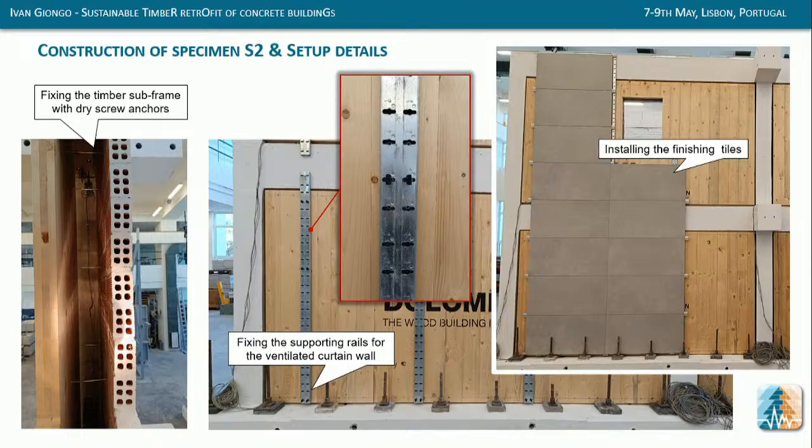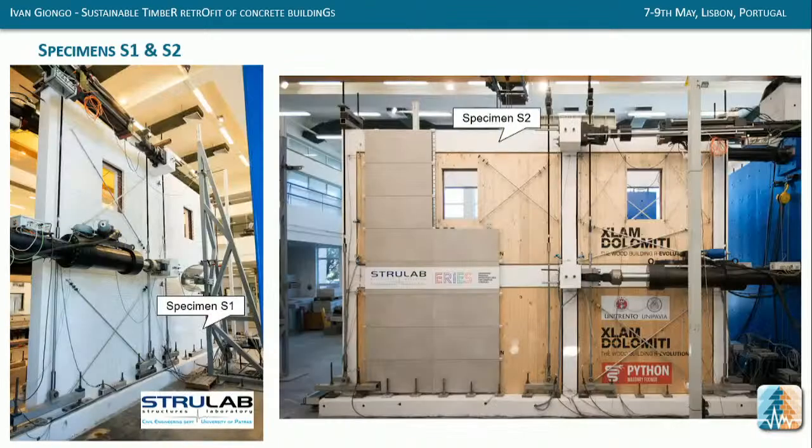The CLT is a 3 layers CLT, 6 centimeters thick. And then there was the fixing of the support rails for the ventilated curtain walls, and then the finishing tiles, which are quite big, 1.2 meters by 60 centimeters. Here you see both specimens fully instrumented and ready for being tested.